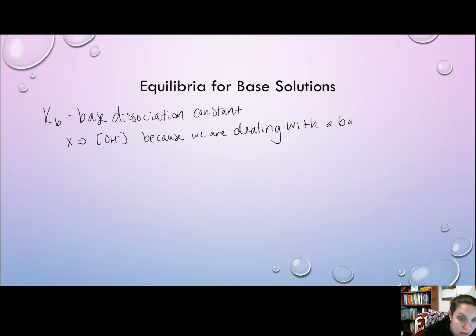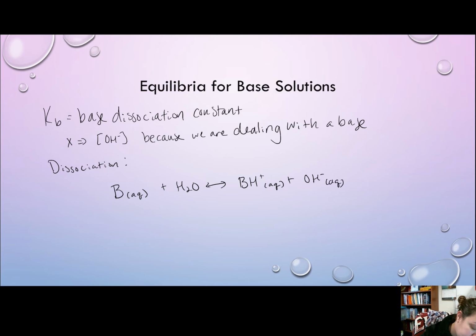Okay, so our dissociations can look one of two ways. It can be some base that we're going to denote as B, reacting with water to produce the conjugate acid and hydroxide. So it's a base because it produces hydroxide.